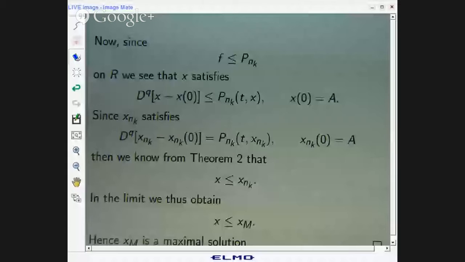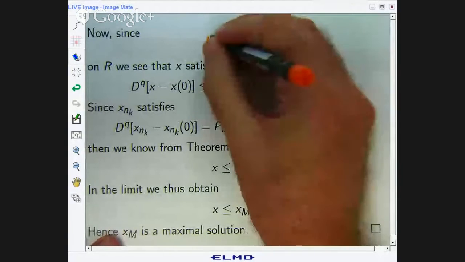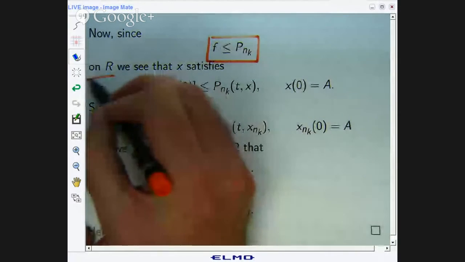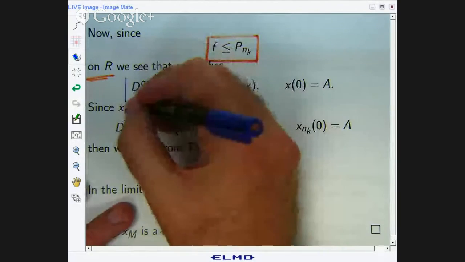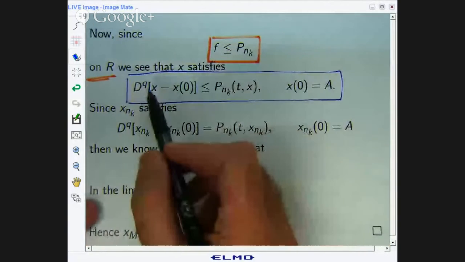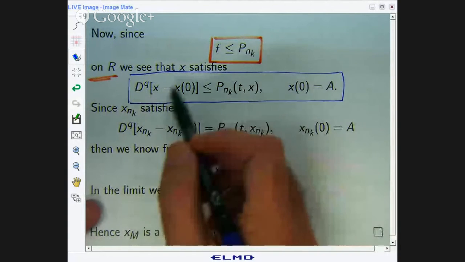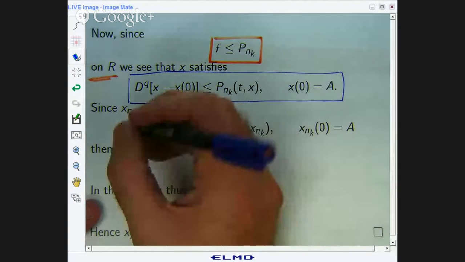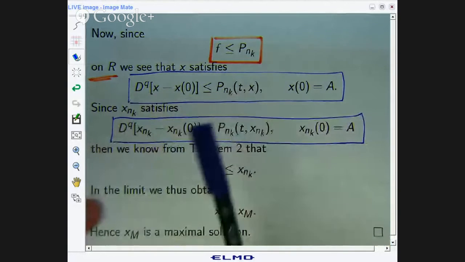All right, now I told you earlier that without loss of generality, the sequence of approximating polynomials could be chosen so they lie above our f on the rectangle R. And so what does that mean? It means that I can set up a sequence of an initial value problem with an inequality, and one with an equality.